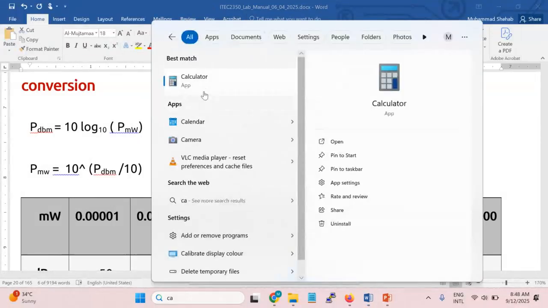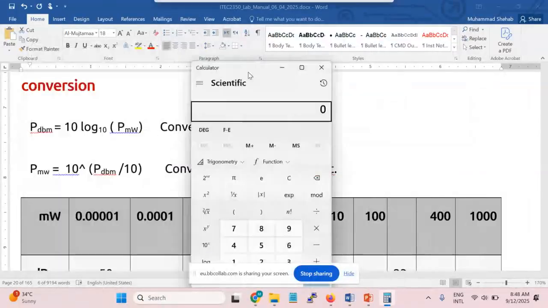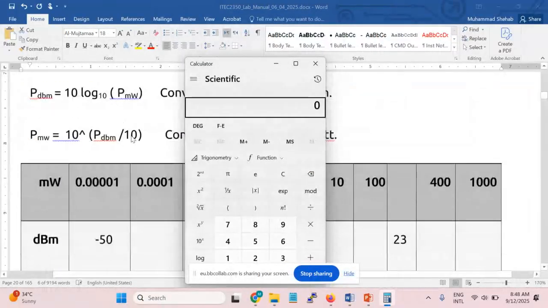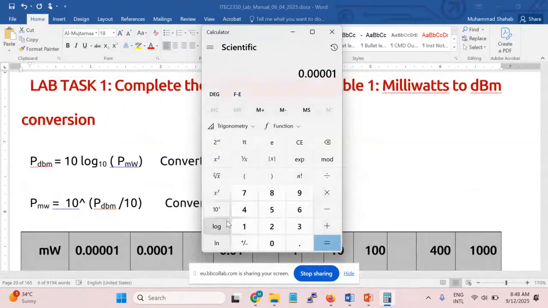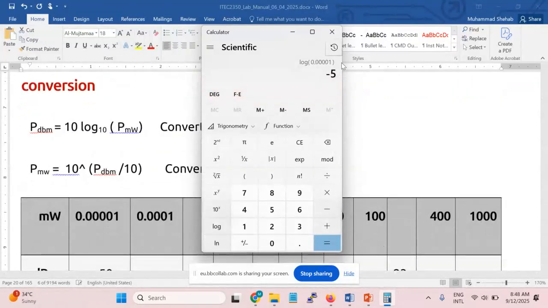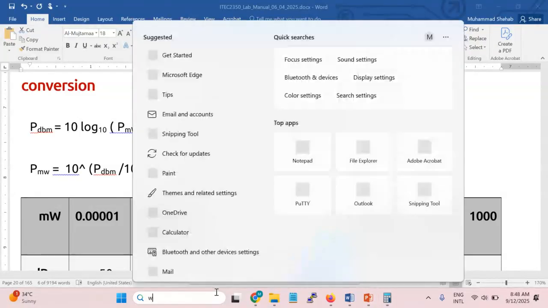I will use the calculator, because this is your first lab, so you can use the calculator.